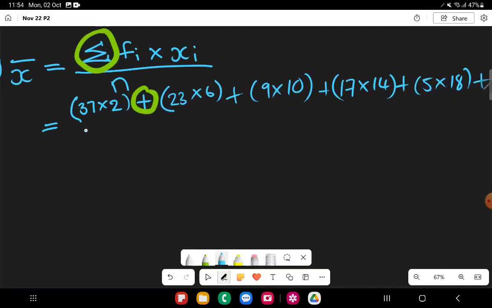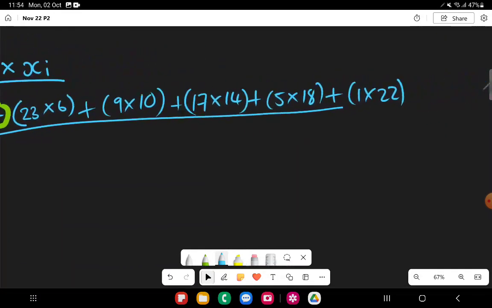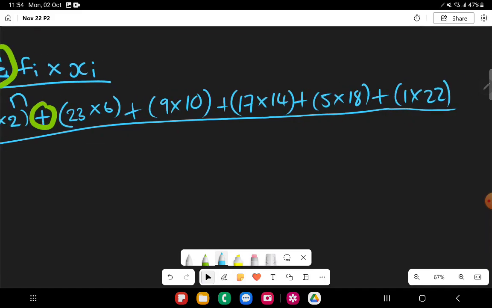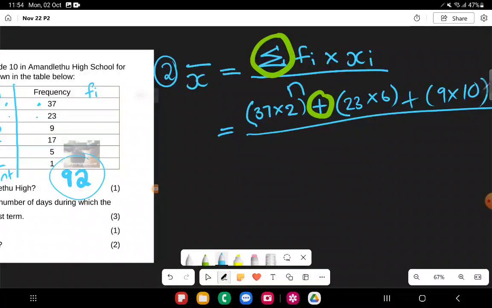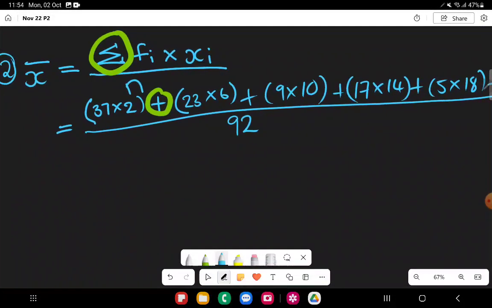And all of those need to be over the total of 92, which was the answer to question number 1. So now we input this into our calculator, and you should get 652 over 92.